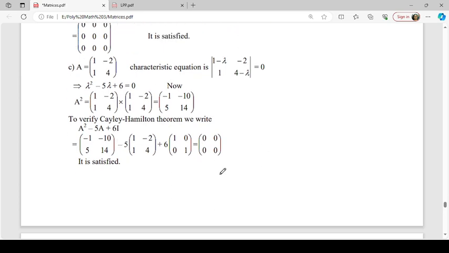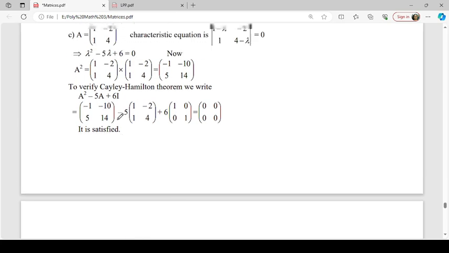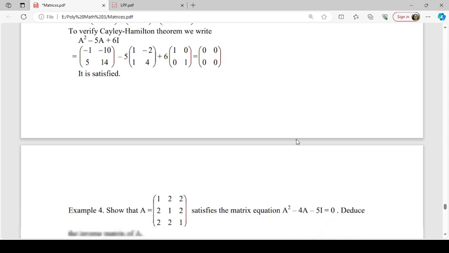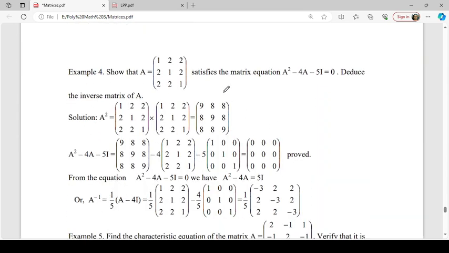So this is the way to verify Cayley-Hamilton's theorem. We find the characteristic equation, then we write A: for lambda square we put A square, for lambda we put A, and for the constant 6 we need to write I. So this satisfies the matrix equation.